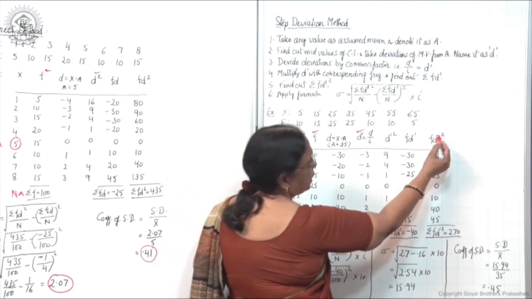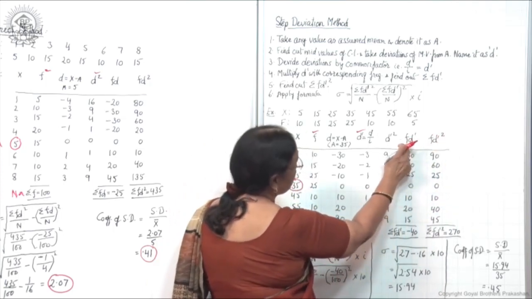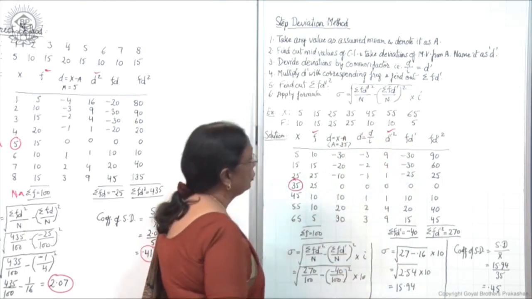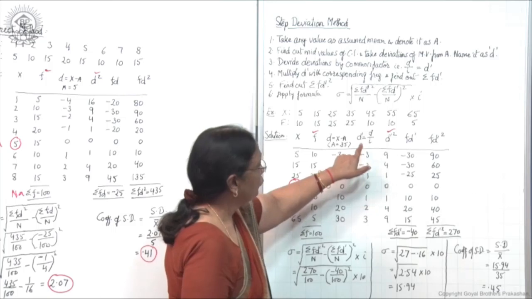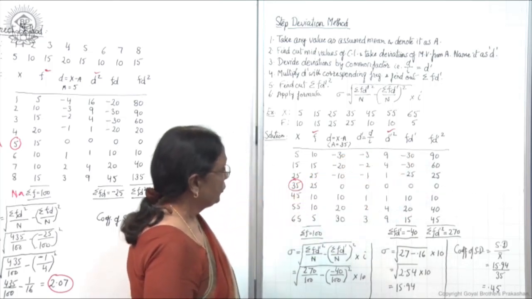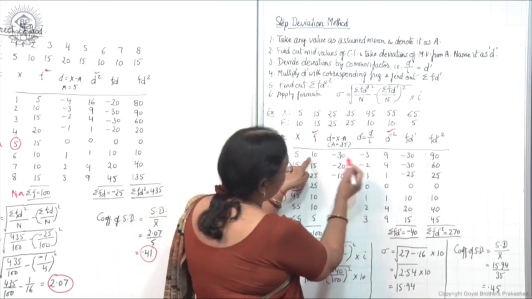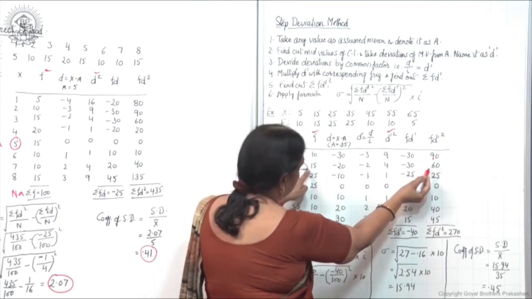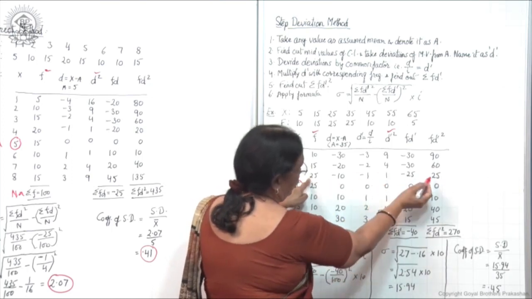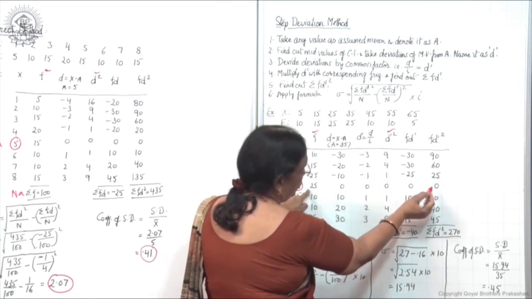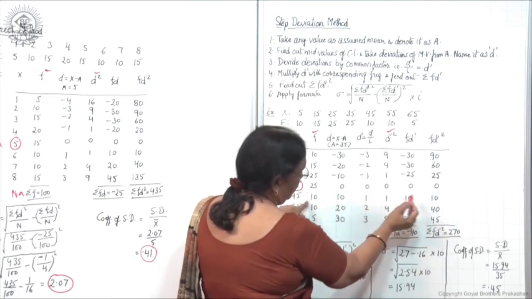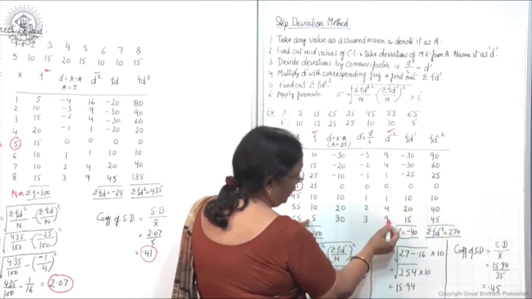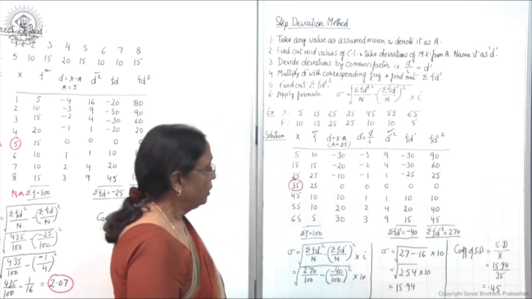Then the last column, f D dash square. As I told you, do not make the square of this column; these two columns will give you f D dash square. So let us see how we get it. 10 into 9 is 90, 15 into 4 is 60, 25 into 1 is 25, 25 into 0 is 0, 10 into 1 is 10, 10 into 4 is 40, 5 into 9 is 45, right.